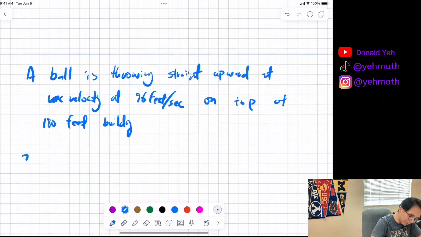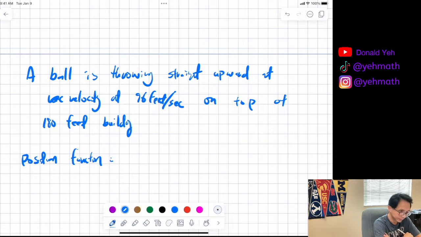Can you tell me what the position function is? So what's the position function in this situation? 96 feet per second on top of a 180 feet building. Is that the negative 16 t squared? Yep. S of t equals, remember, this is the free fall part. Everything you throw up always falls back down. That's how you stay grounded.